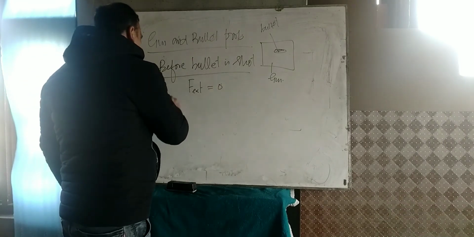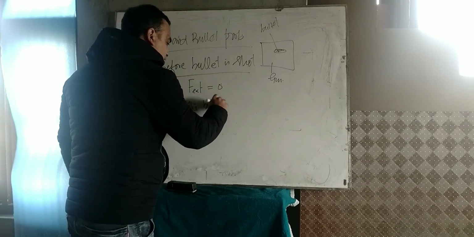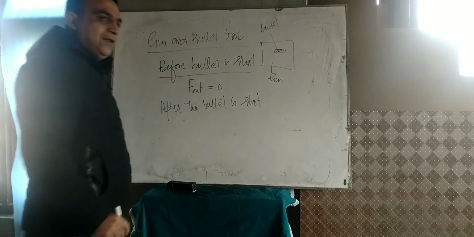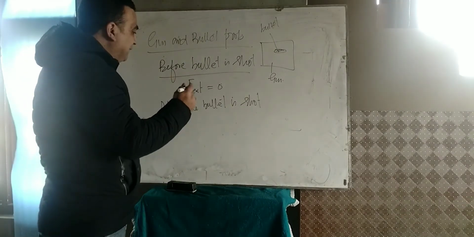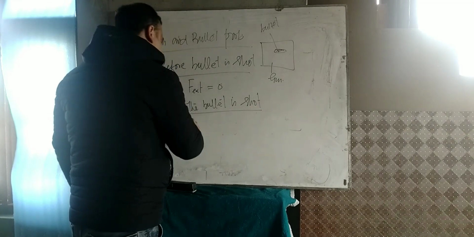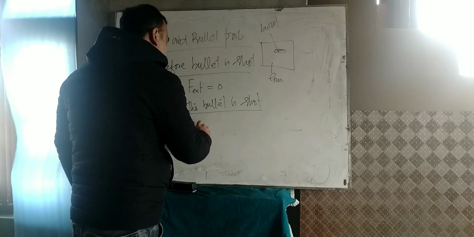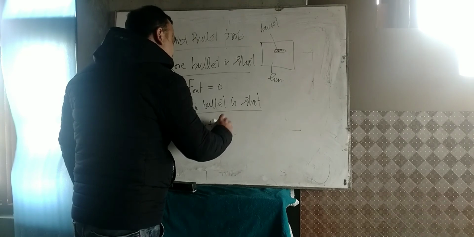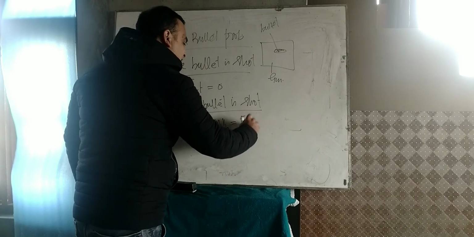After the bullet is shot, what is the net momentum in that case? The net momentum is mass of the gun times velocity of the gun, plus mass of the bullet times velocity of the bullet, and this is equal to the F external.